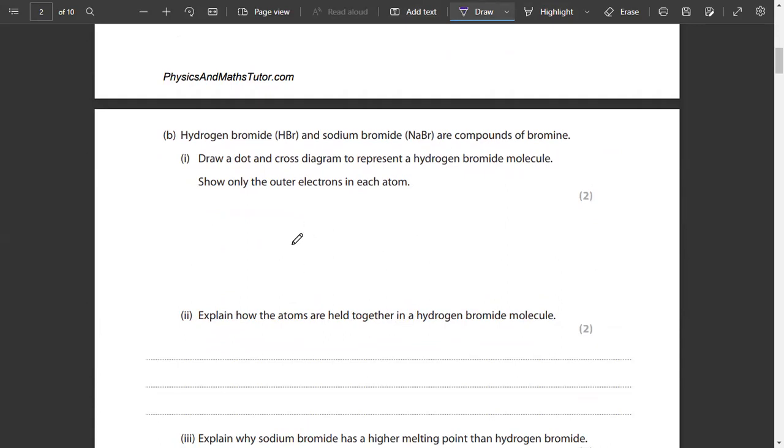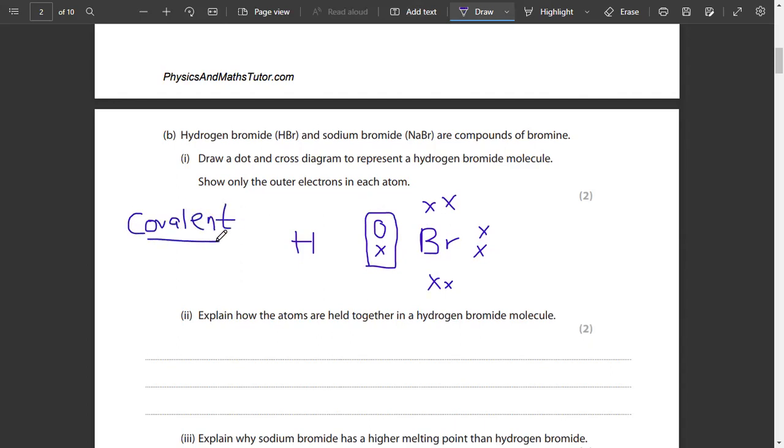What is dot and cross basically? We'll be doing this in covalent bonding. On one side you make hydrogen, on the other side bromine. Bromine is in group 7, so how many electrons are in its outermost shell? 7. We'll show 7 electrons. How many electrons are in hydrogen's outermost shell? 1. So we show 1 here, and this dot and cross diagram shows that you shared 1 pair of electrons with each other. We'll be studying this in the covalent bonding chapter.